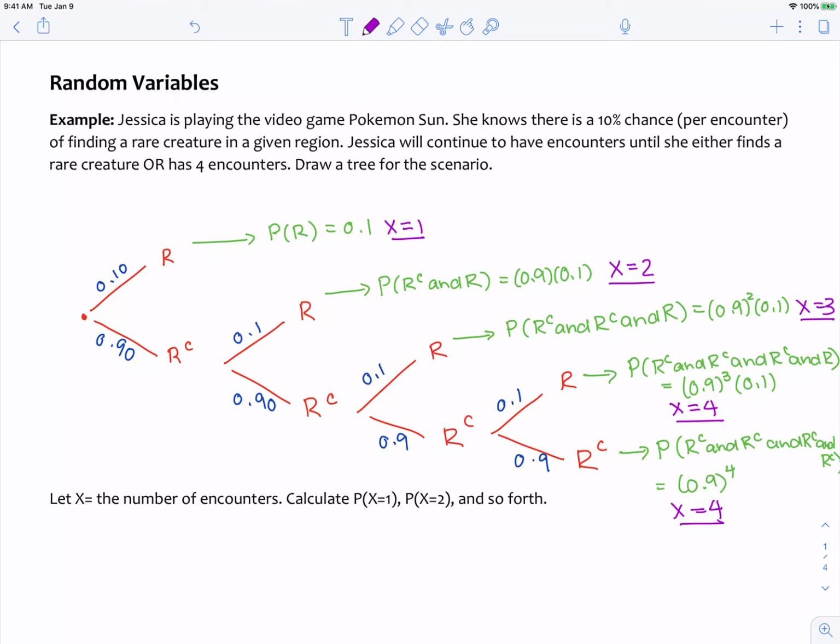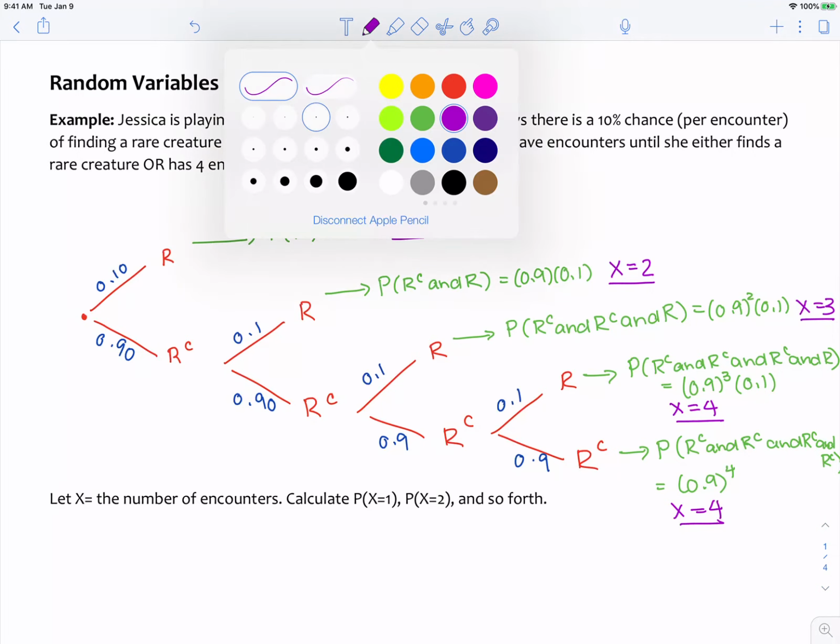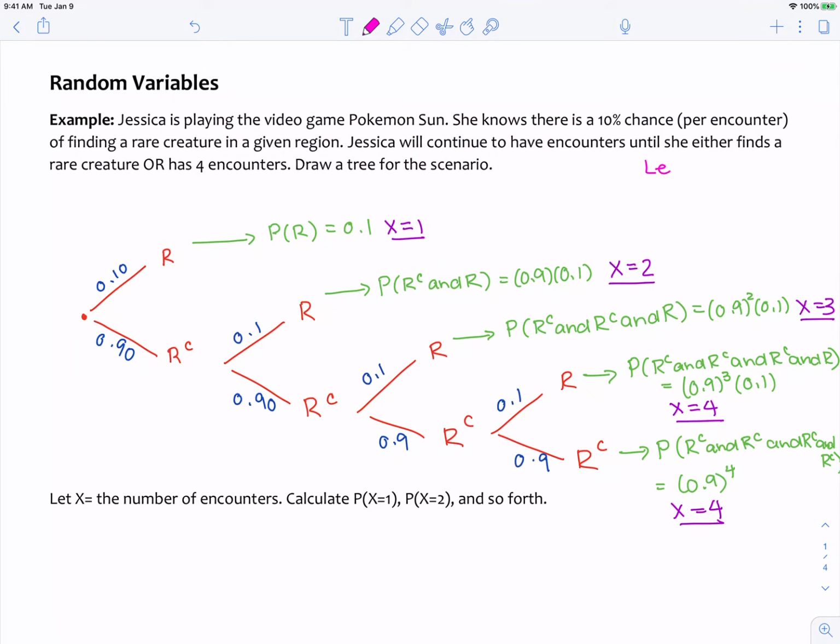Now, what we want to keep in mind, though, is we can actually use this same outcome tree to look at different variables in this case, right? So the number of encounters was one thing we could be looking at, but we could look at the number of rare encounters, right? So we could say let y equal number of rare encounters.